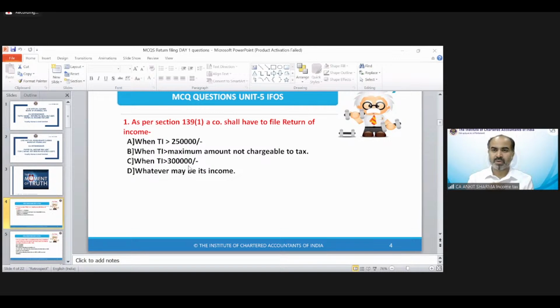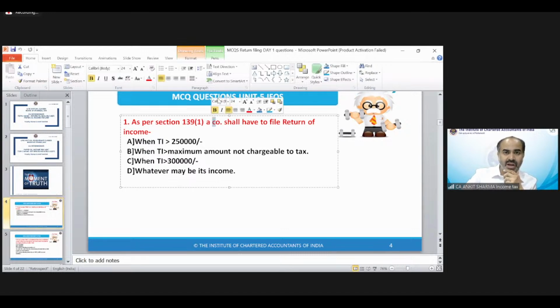So Malu is saying C, Bhumika is saying B, Arinjan is saying D, Abhishek Singh is saying D. We are asking for a company case.